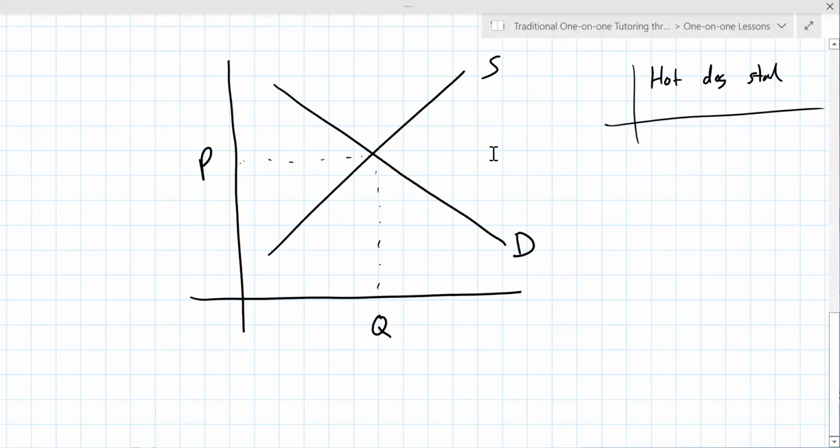All right. So what would cause the supply of hot dog stands, what would cause this curve to shift out to the right? Can you think of something that would cause it? Maybe a change in the supply curve, right? Not demand, supply curve. I'm asking, yeah, supply curve moves to the right.